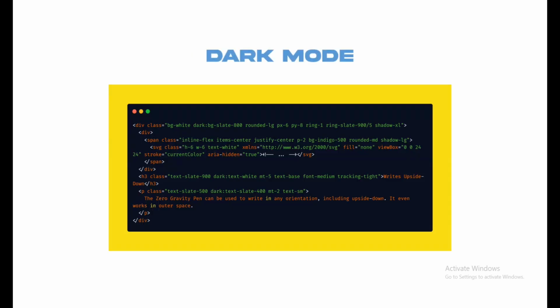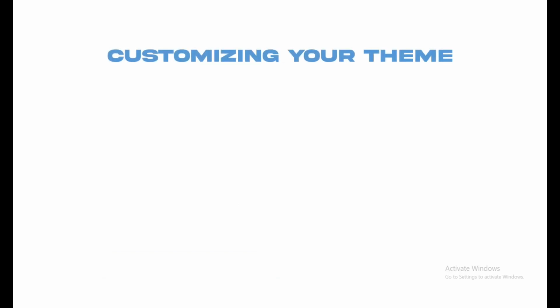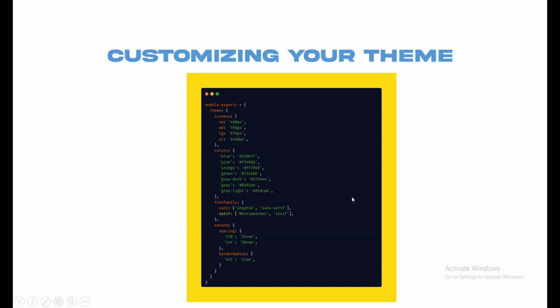Dark mode section. You can see the paragraph is white normally. In the dark mode, the paragraph background looks very dark, in the sense black. Customize your theme: you can customize the screens, colors, font family and everything you want.